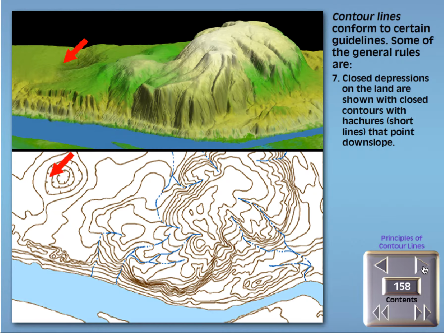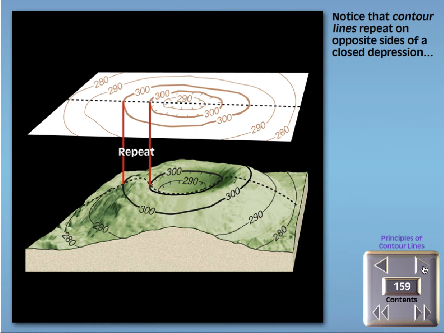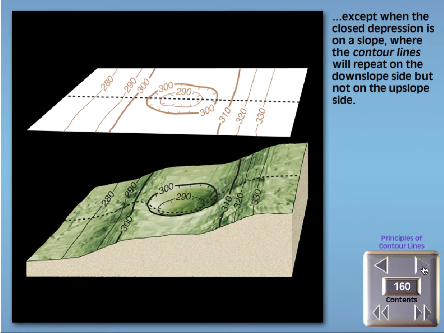Closed depressions on the land are shown with closed contours with hachures that point downslope. Notice that contour lines repeat on opposite sides of a closed depression, except when the closed depression is on a slope, where the contour lines will repeat on the downslope side, but not on the upslope side.